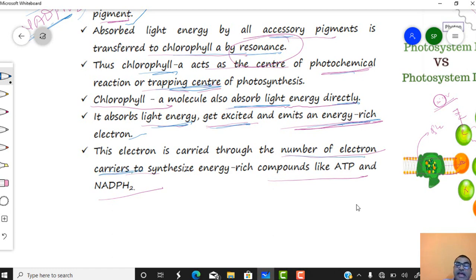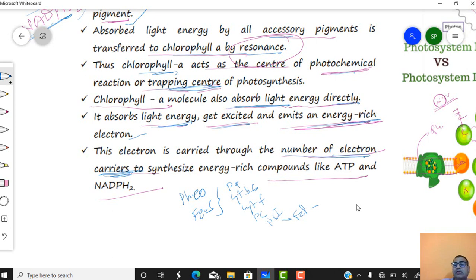First are acceptors like pheophytin, iron sulfur proteins, and various electron carriers. These include plastoquinone, cytochrome b6, cytochrome f, plastocyanin, then photosystem 1 to ferredoxin, and the NADP reductase enzyme.